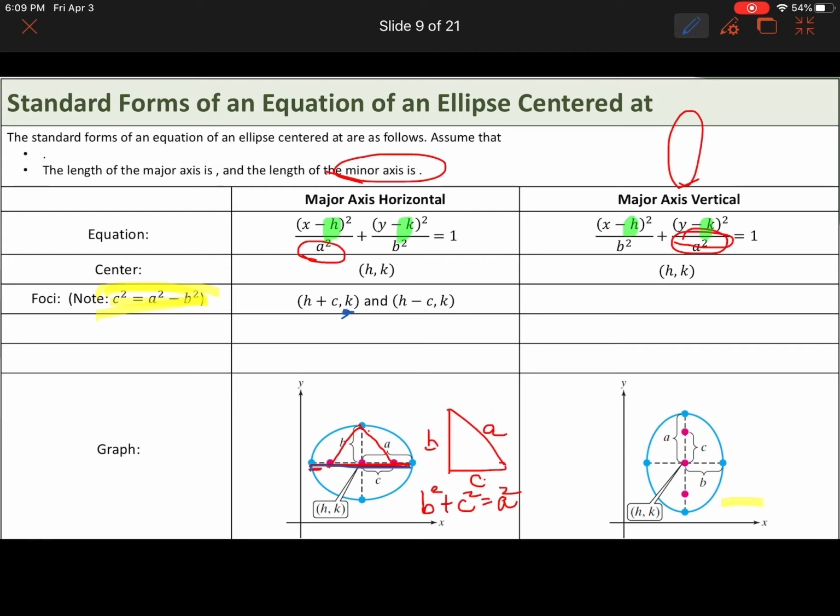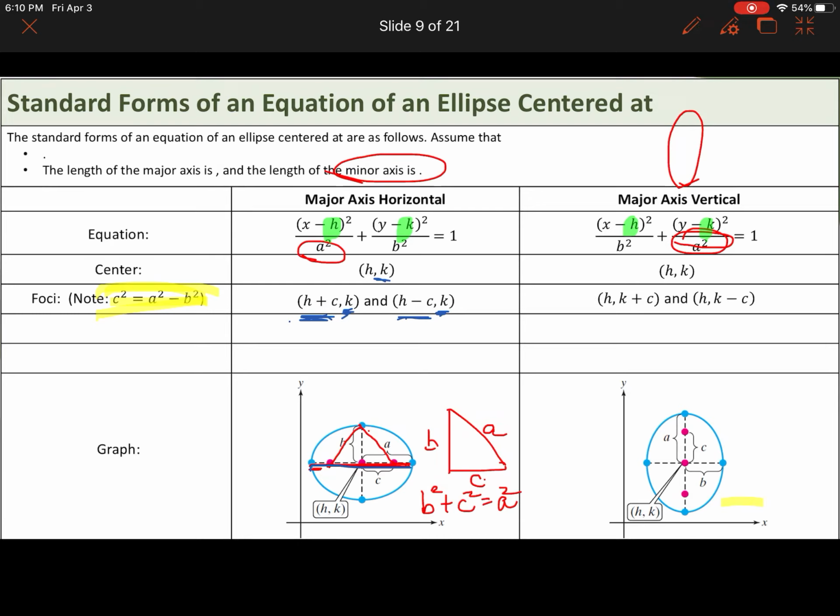So that's why the y is going to be the same as the y in our center, because they're on a flat line, they're on a horizontal line. But from the center, we're going to add C and subtract C, right? So that's why I take the x value of the center, I'm going to add the C, and that gives me my new x value. I'm going to subtract the C, and that gives me my other new x value for the other foci.